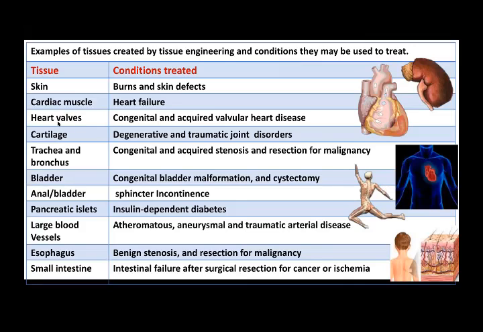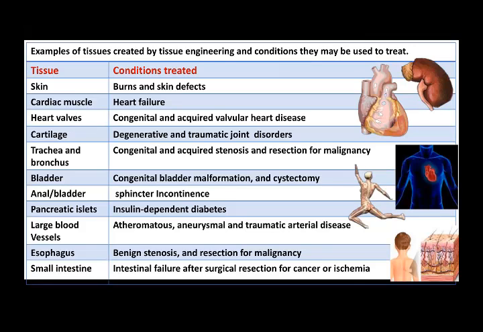They've created tissue constituents of heart valves, okay, for congenitally acquired valvular heart disease. Then cartilage, for degenerative and traumatic joint disorders, trachea, bronchus. We saw a picture of this earlier. So, congenital or acquired stenosis, resection for malignancy, right?